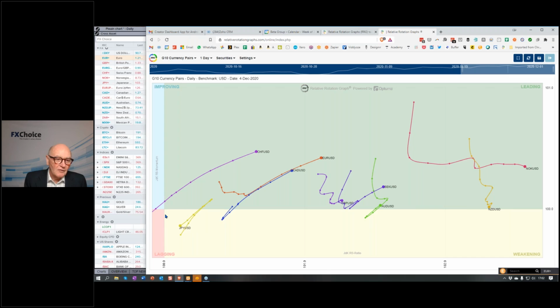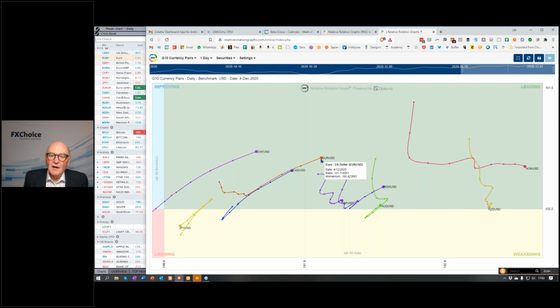So for those of you that are seeing this for the first time, what we're doing here using relative rotation graph is we're plotting on the x-axis here, things which are furthest to the right are the things which are strongest versus the dollar. So Norwegian crown, New Zealand dollar over far to the right, outperforming the US dollar. Everything is outperforming the US dollar. Japanese yen really going in the wrong direction there, so it's a laggard as the dollar is weak.